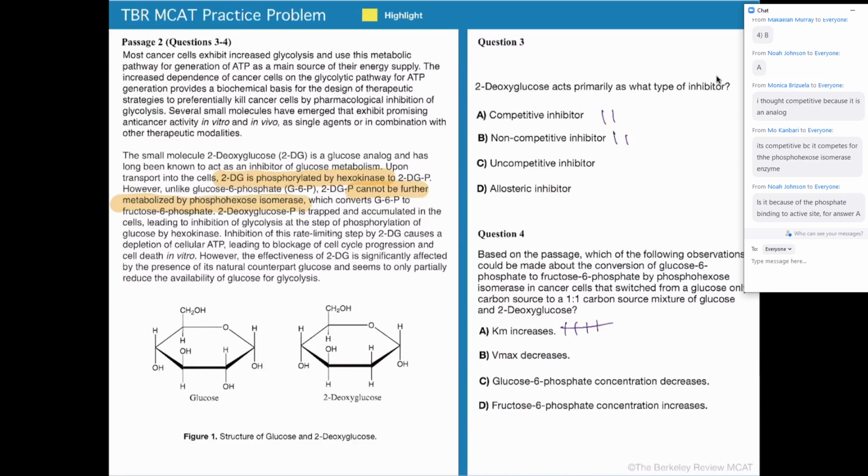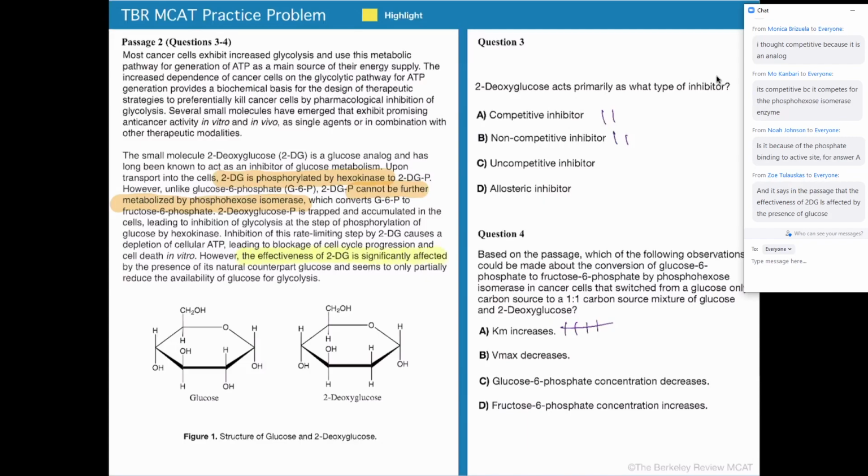There's two enzymes, okay? And I'm going to say that down here, right? It literally says it directly in two areas, by its natural counterpart, glucose. Okay.